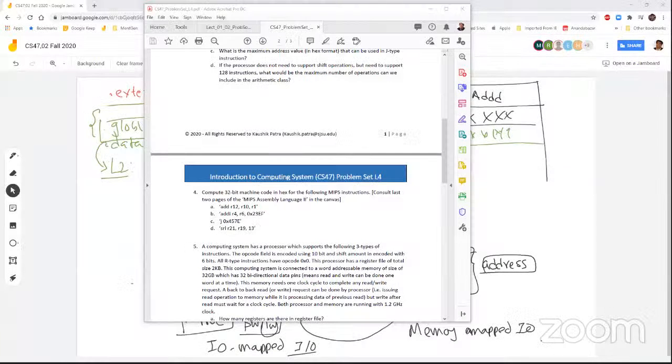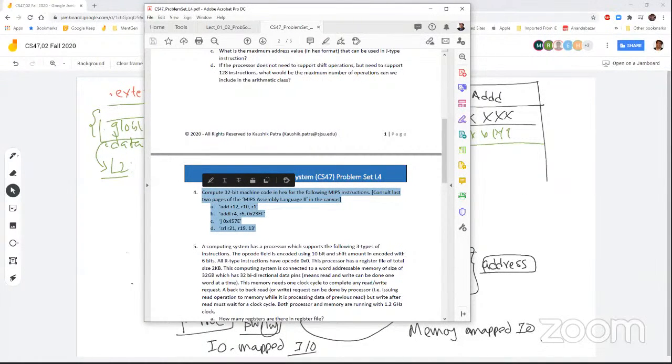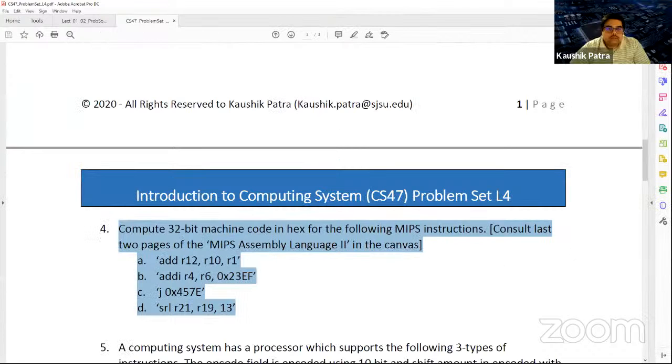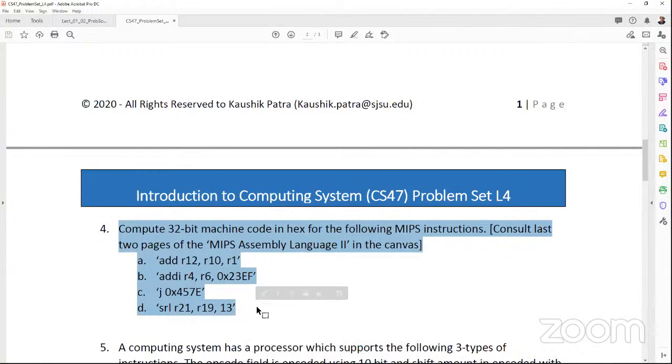Let me share. So is that the one you are looking for? Let me check. Am I sharing? So Brandon, this is the problem you're looking for. Yeah. Okay, let's look at the solution.